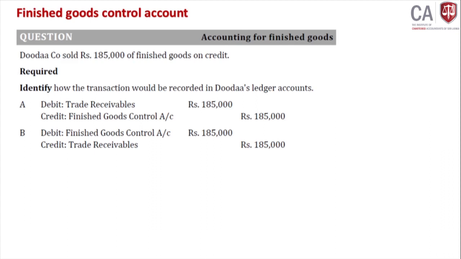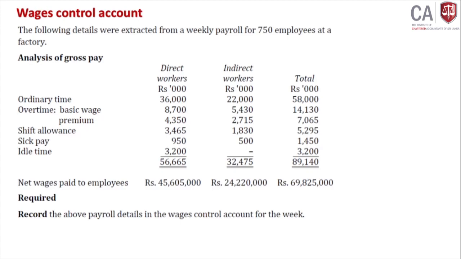Identify how transaction would be recorded in accounts, right? Finished good දාලා තියෙනවා. එහෙනම් මොකද්ද කරන්න අපි? Trade receivable debit, finished good credit. That's the correct answer. Anyway, finished good should be credited. It can't be debit to finished good account, right? The correct answer is A.